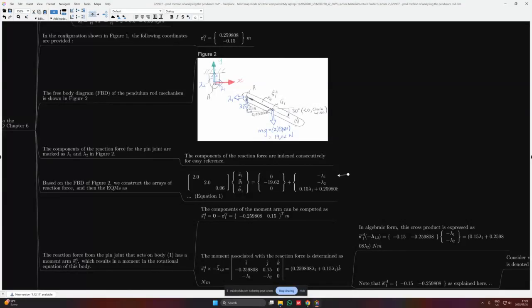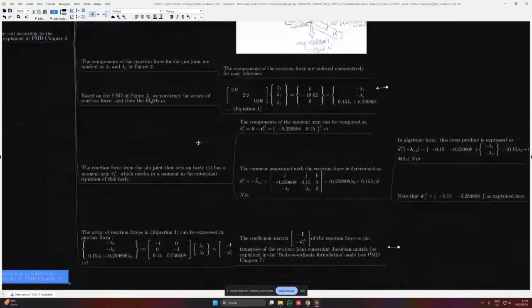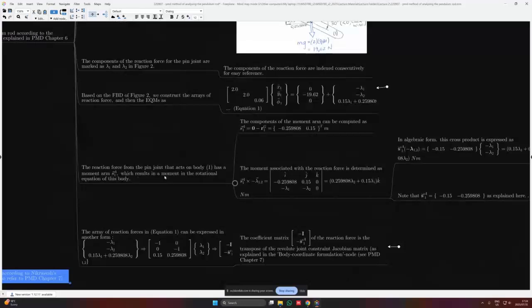And we simply denote that as S subscript 1 to indicate it's from the center of mass of body 1, and then superscript A, which is the actual point that I'm considering. So the reaction force from the pin joint that acts on body 1 has a moment arm S1A, which results in a moment in the rotational equation of this body.